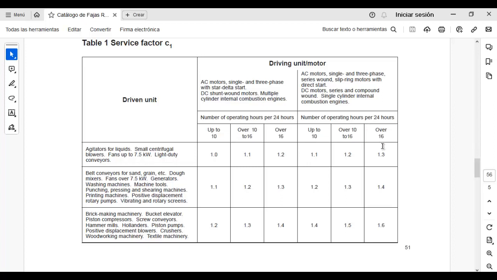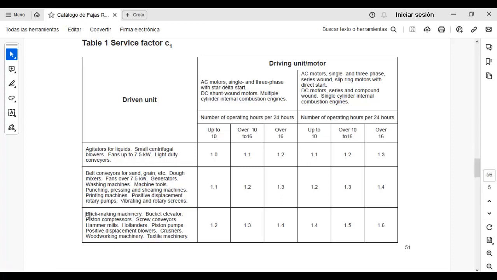Then you should only read it: agitator for liquid, small centrifugal blowers, fans, something like that. We have belt conveyor; we are not here. Grain. You have different examples, but as you can see, we have a mixer here, so we are in this group. Vibrating and rotating screen. Not only the screen, maybe some different machine, but we are here because it's a mixer.